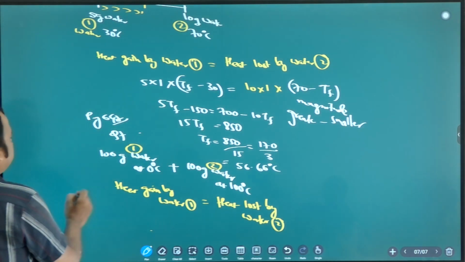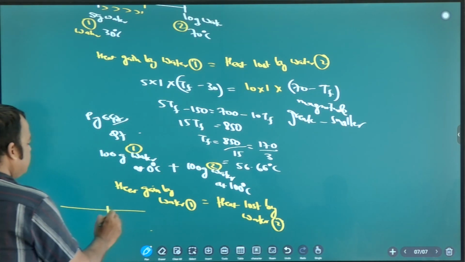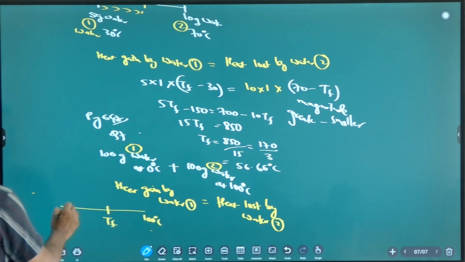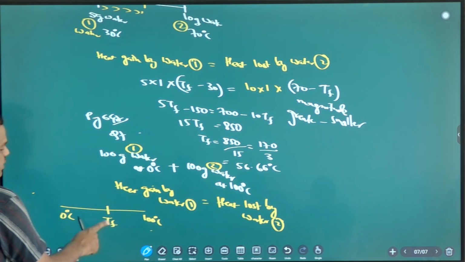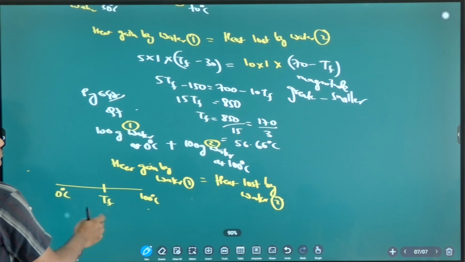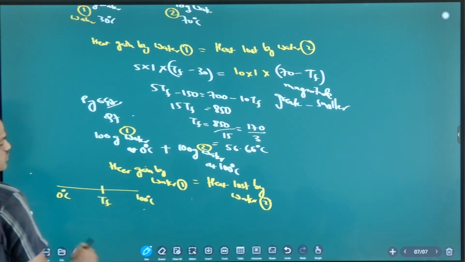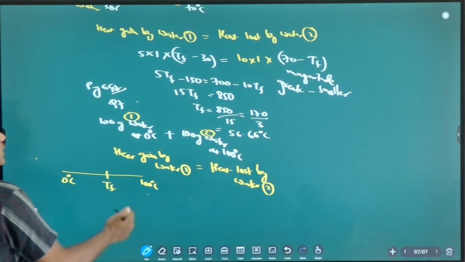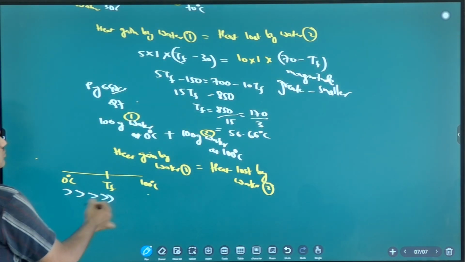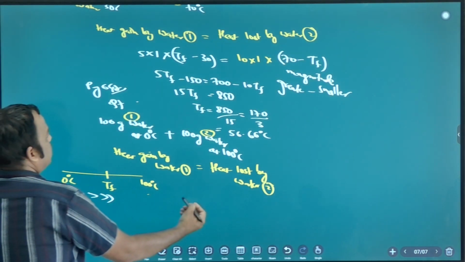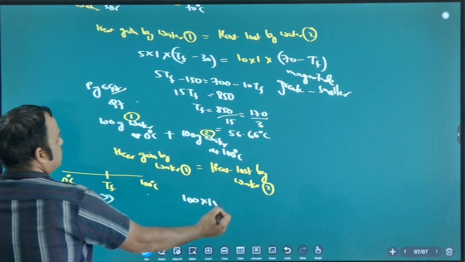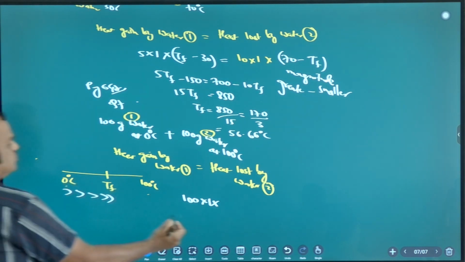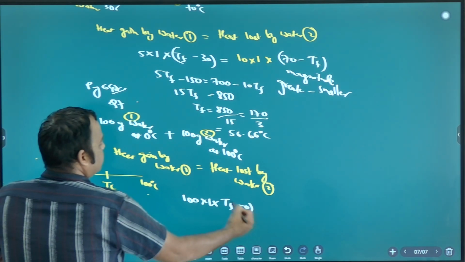Let the final temperature be Tf, between 0 and 100. So what is the heat gained by water 1? m s delta T. What is delta T for water 1? Tf minus 0. Very good.